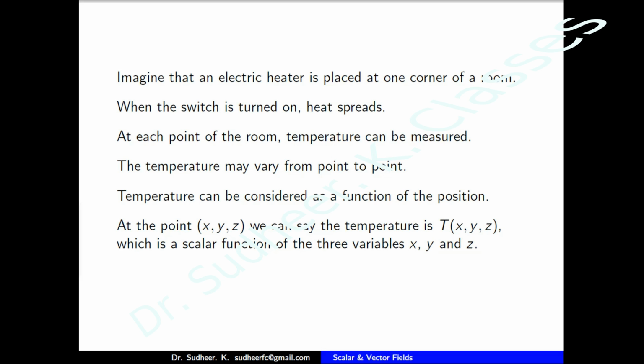The temperature may vary from point to point. Temperature can be considered as a function of the position. At the point (x, y, z), we can say the temperature is T(x, y, z), which is a scalar function of the three variables x, y, and z.